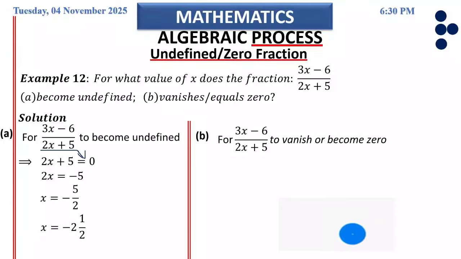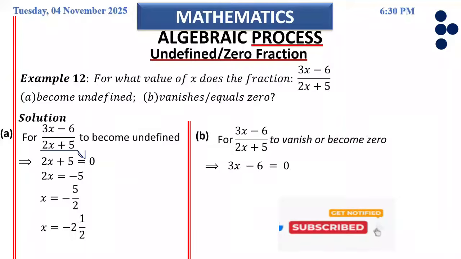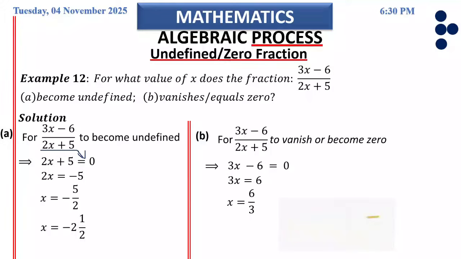And what's our numerator in this case? That's 3x minus 6. That's when the expression, the fraction, becomes 0 or vanishes. Okay? So with that, we have our answer, x equals 2.